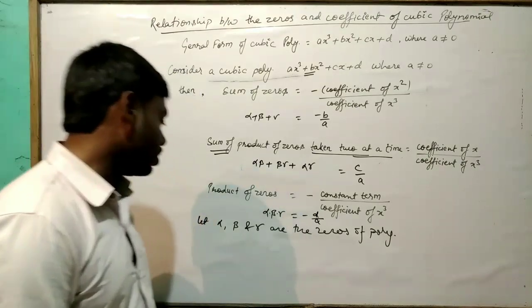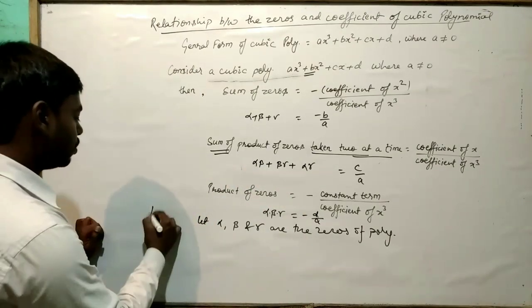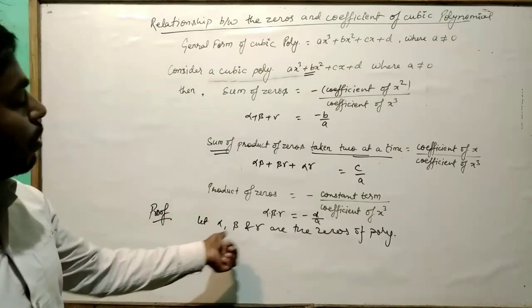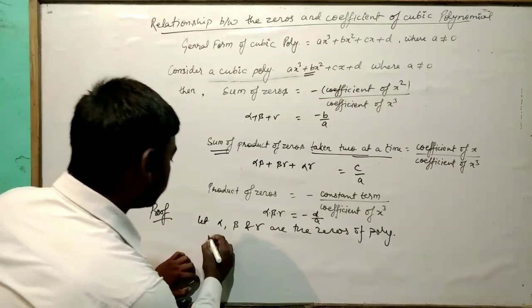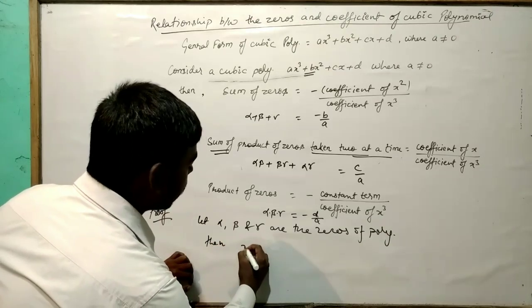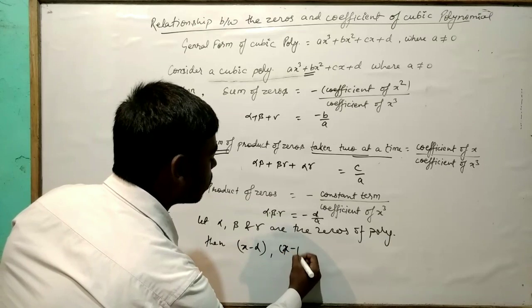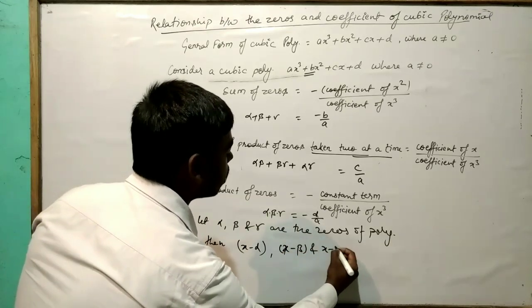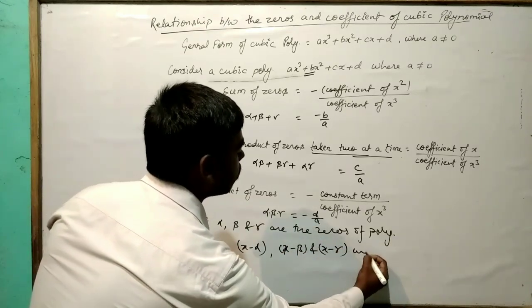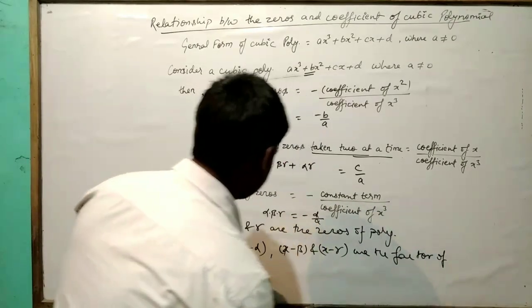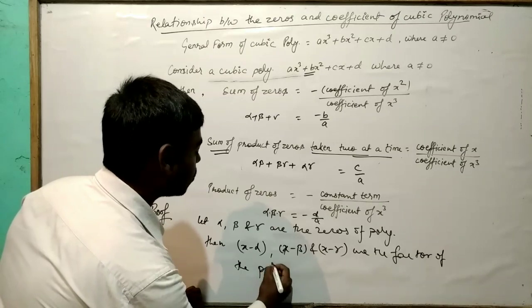Now we see its proof, how it comes. Alpha, beta and gamma are the zeros. Then x minus alpha, x minus beta and x minus gamma are the factors of the polynomial.